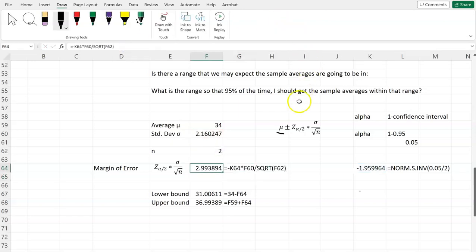Now I have to add it to and subtract it from the mean. The mean given here is 34. So I'm subtracting the margin of error from the mean, the average minus the margin of error, and I get 31. The upper bound is the average plus the margin of error, which is 36.99.